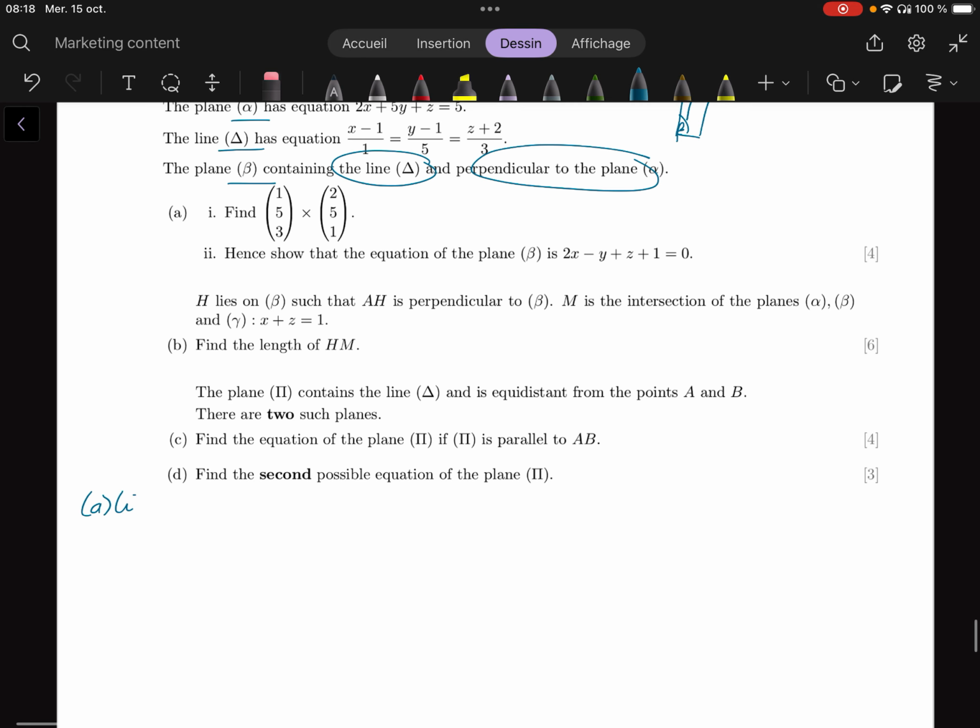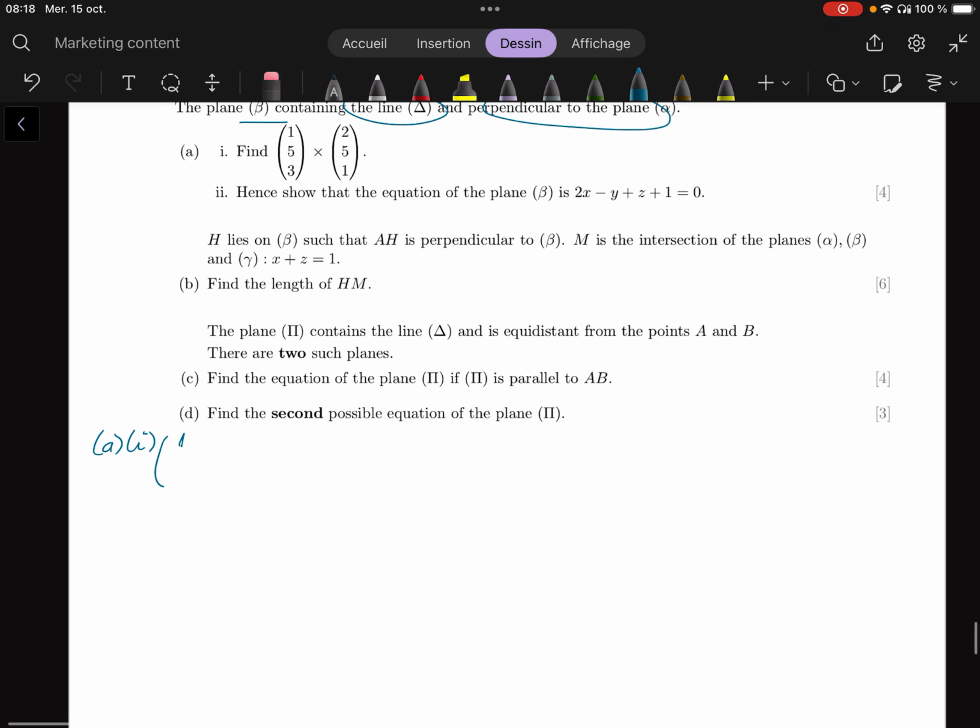So let's start part A. (1, 5, 3) cross (2, 5, 1). This is equal to, go for the first row: 5 times 1 minus 3 times 5. Go for the second row: 1 times 1 minus 3 times 2.